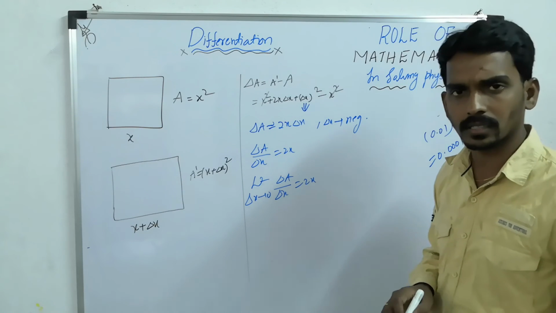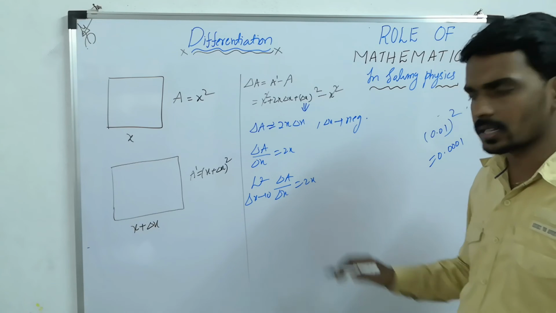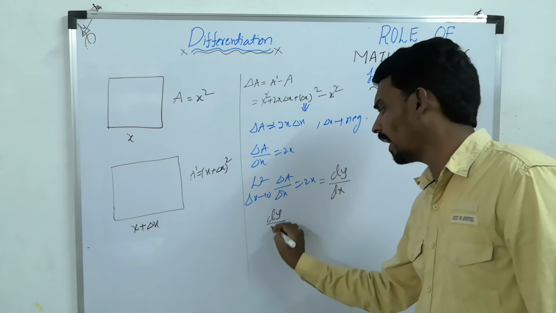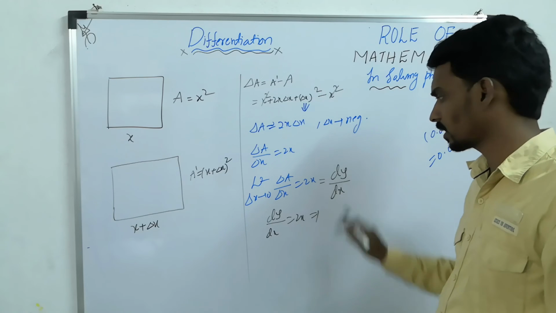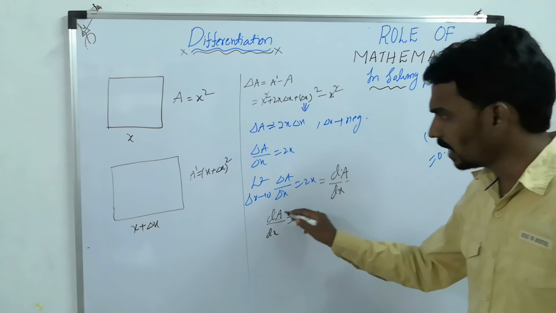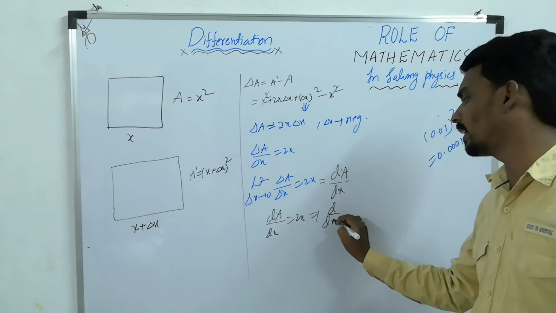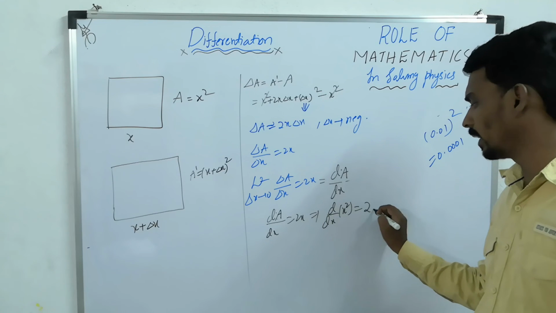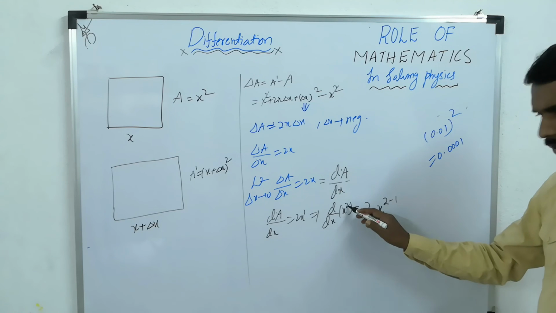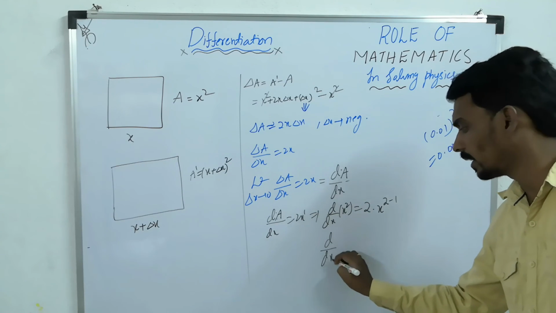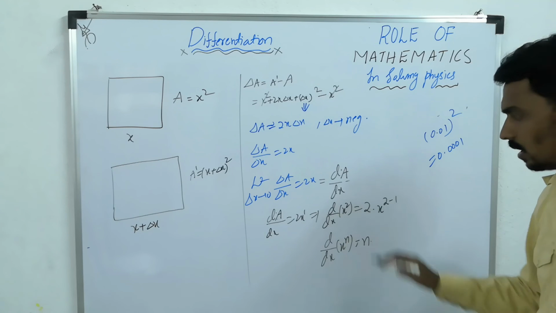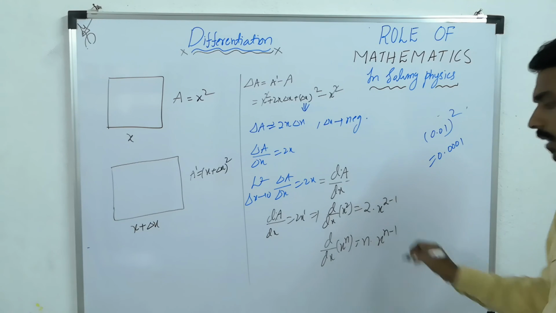Under this limit, delta x tends to 0, what do we write it as? dy/dx. Sorry, dA/dx, since our function is A. Where A is x². So d/dx of x² is 2 into x to the power 2 minus 1, so 2x. Now write it in a general way, x to the power n. So n will multiply, and 2 minus 1 becomes n minus 1.